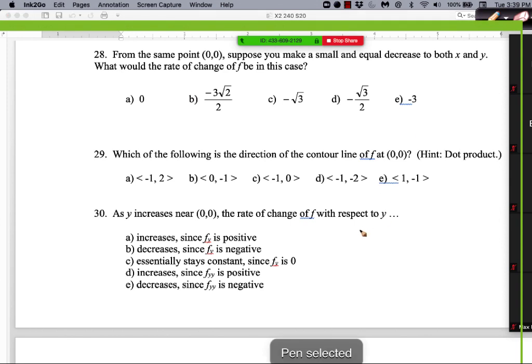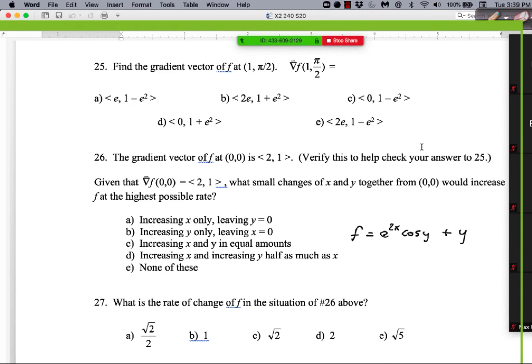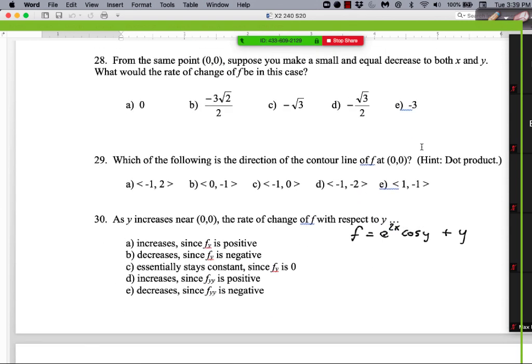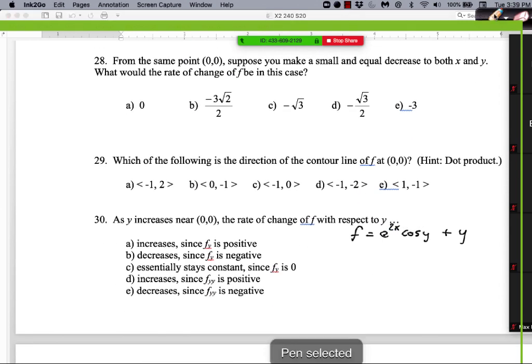So e to the 2x. Is that right? Yeah. Okay. So if it's asking about if the rate of change with respect to y is increasing or decreasing, that's the second derivative.